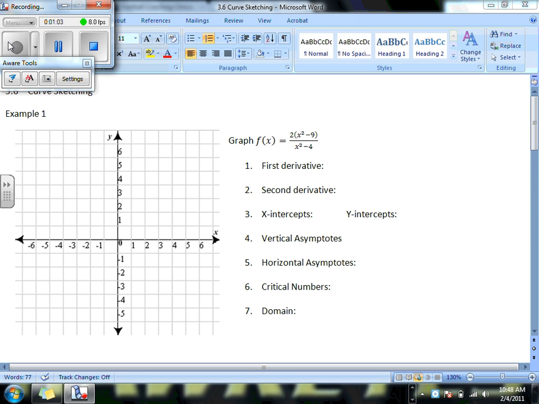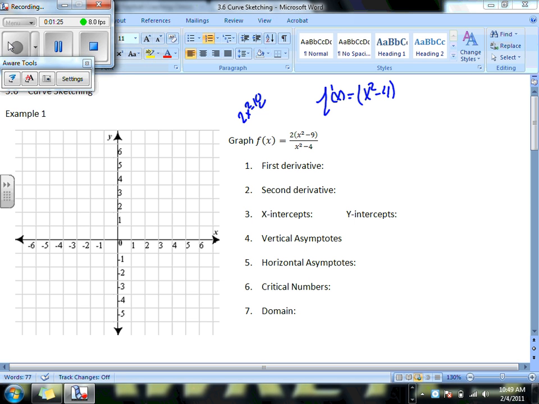We're going to sketch 2x squared minus 9 all over x squared minus 4. Let's take the first derivative. F prime of x equals, we'll have to do the quotient rule. So when we do the quotient rule, we bring up the bottom, x squared minus 4, times the derivative of the top. To clean up the top, 2x squared minus 18. Make it simpler for you.